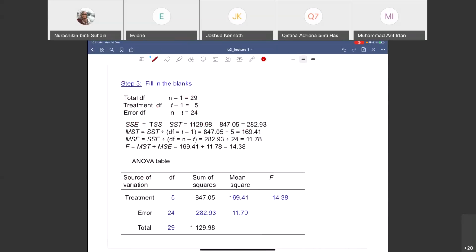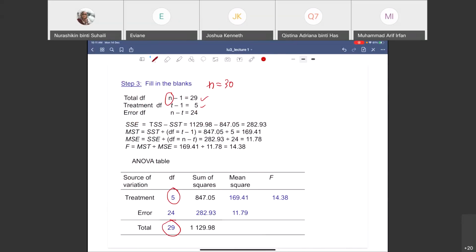So here, since n is 30, the DF for the total is 30 minus 1, which is 29. That's how we get 29. And the DF for the treatment is T minus 1. T is the number of treatments. Since we have 6 treatments, 6 minus 1 is 5.